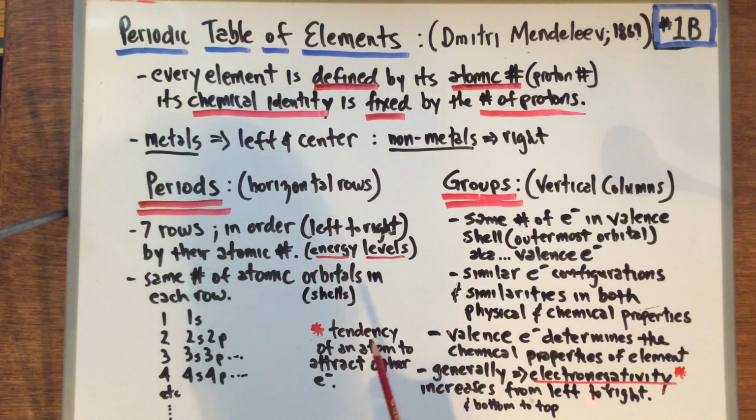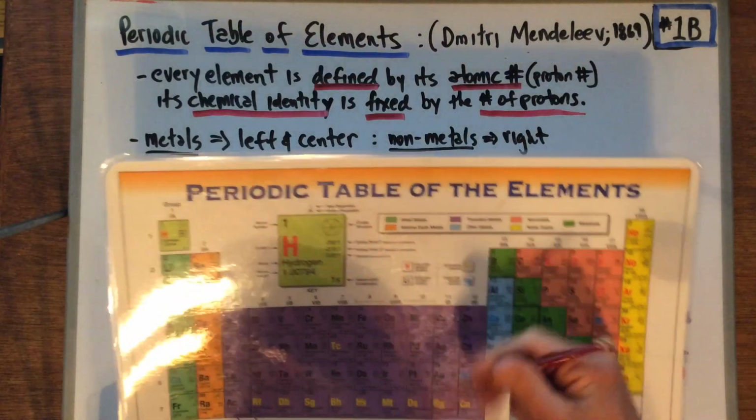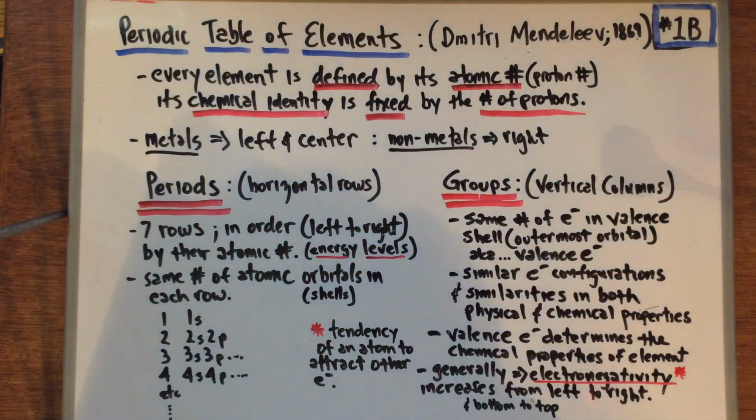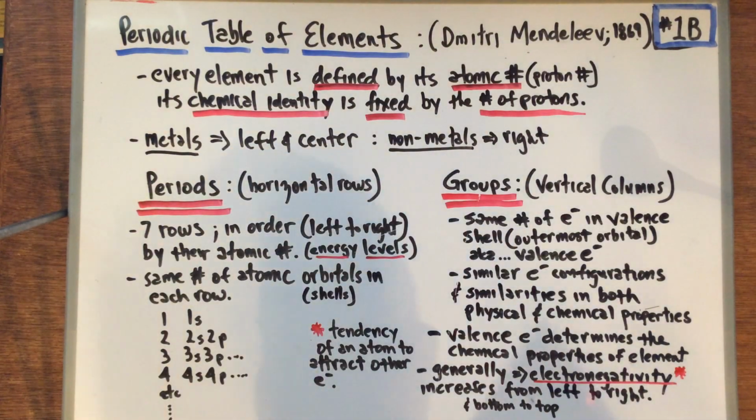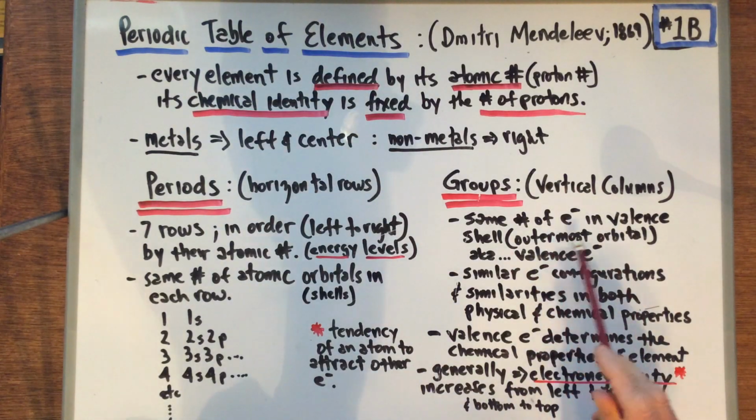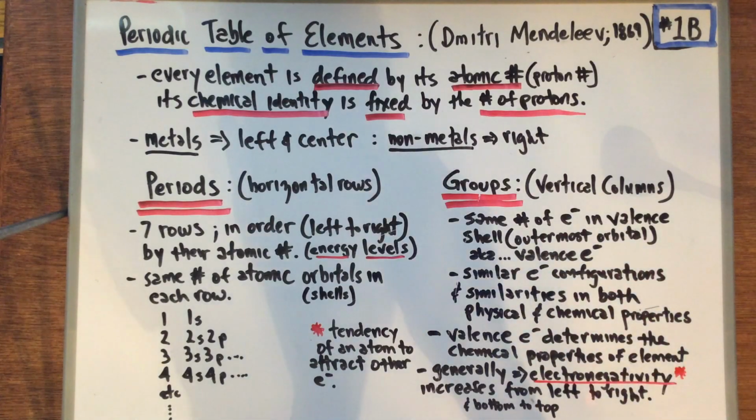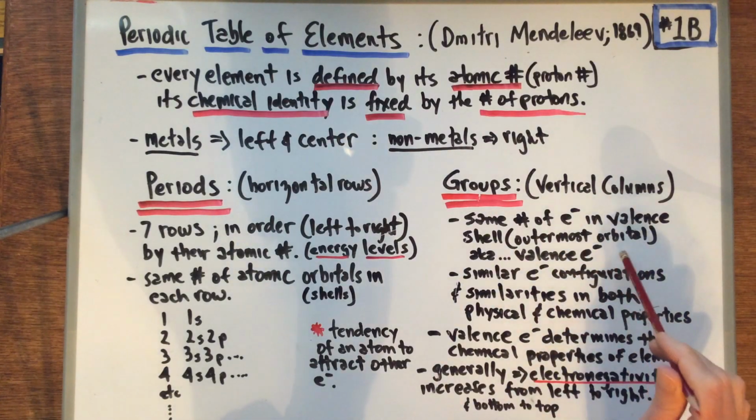Okay, now let's talk about the vertical columns. The vertical columns are what we know as the groups. They happen to be arranged by the same number of electrons in their valence shell, which is that outermost orbital shell. That's why they call it the valence electrons.